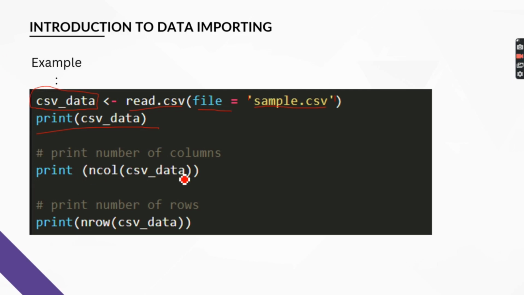Now if we want the number of columns, you will use ncol as a function. ncol is a function already defined in R. You can use it to get the number of columns present in the data and nrow to get the number of rows present in the data. They both will give you a single number output, be it the number of columns or the number of rows. If it has no columns, it will give you 0. That is very unlikely.